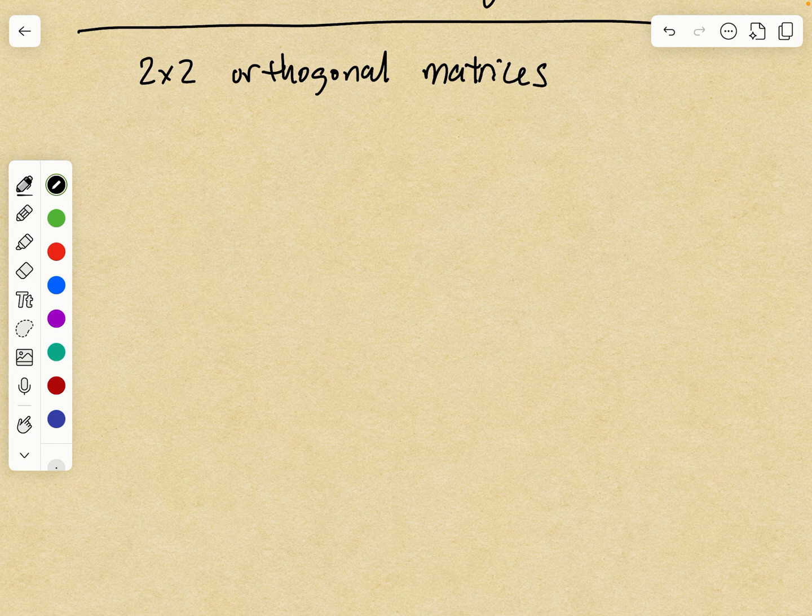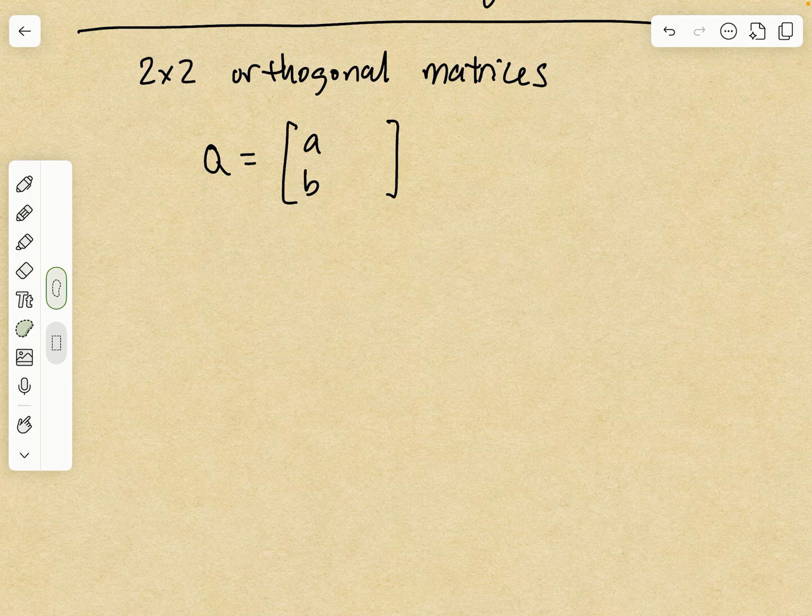And the key fact about these matrices, so right now it's just like A, B, C, D. But what do I know about these columns? These columns are orthogonal, so they form a 90-degree angle, and they're unit length.